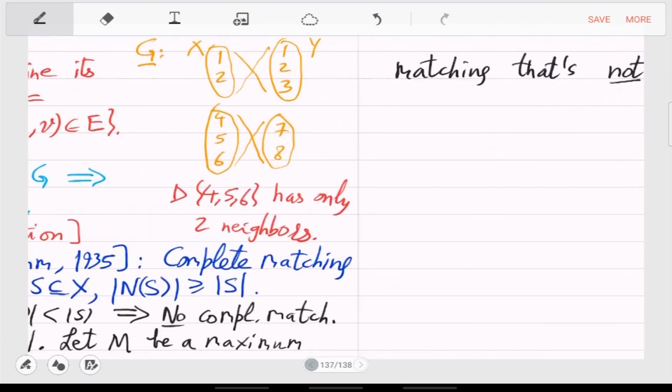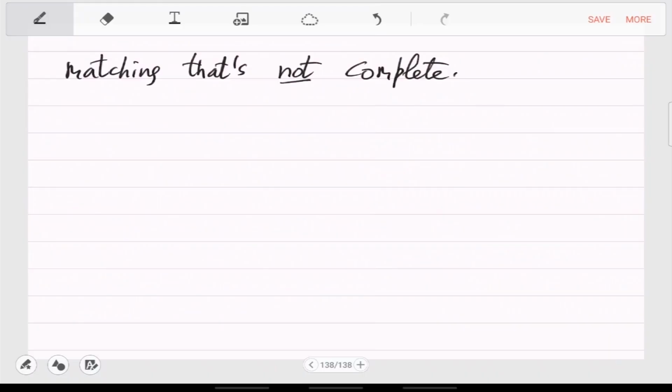So the goal will be then to show that with this M, there is an augmenting path, right? Because if there is an augmenting path, then M cannot be maximum. That will be a contradiction to the previous theorem. So that's the idea.